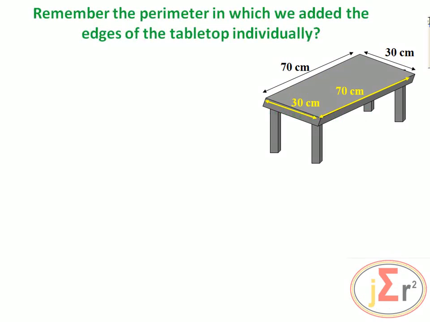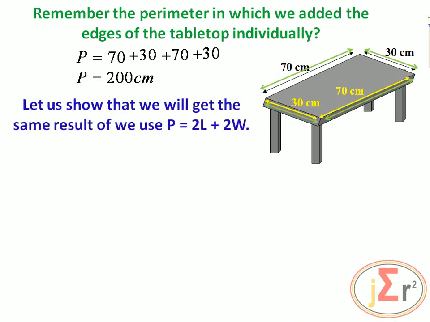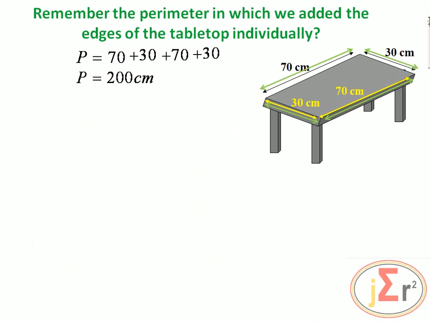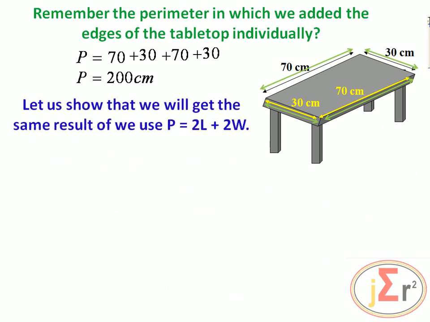Remember the perimeter in which we added the edges of the tabletop individually. P is equal to that, something we had on a previous slide where we added the length values all the way around. Let us show that we will get the same result if we use the perimeter is equal to 2 times the length plus 2 times the width.